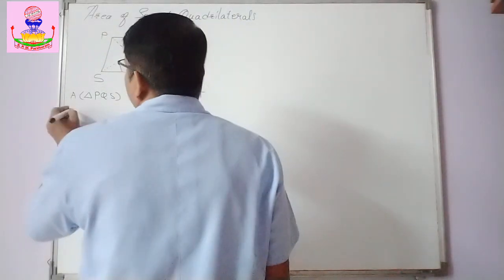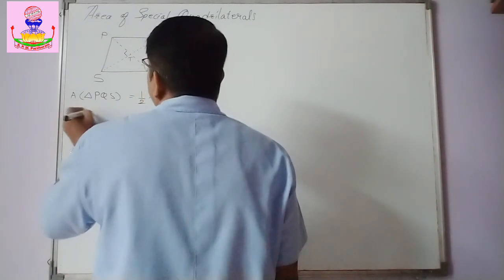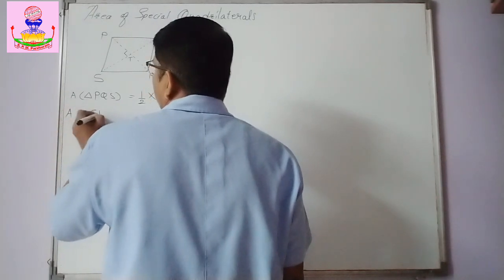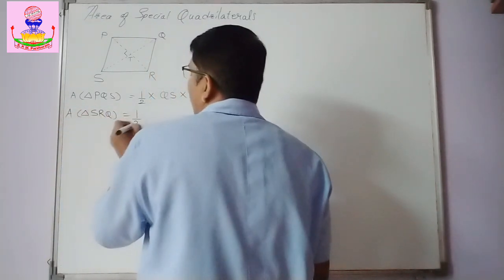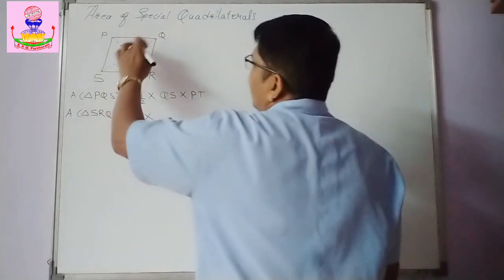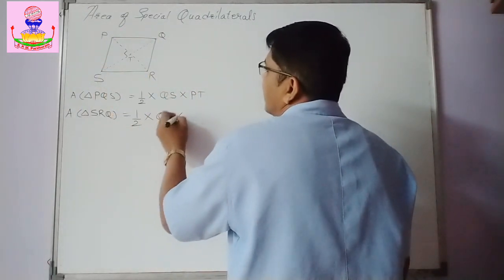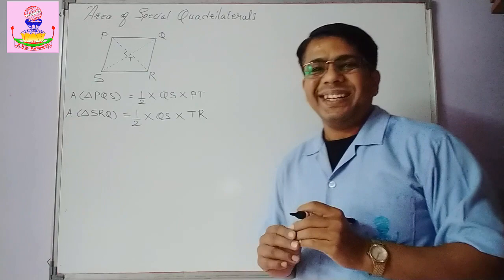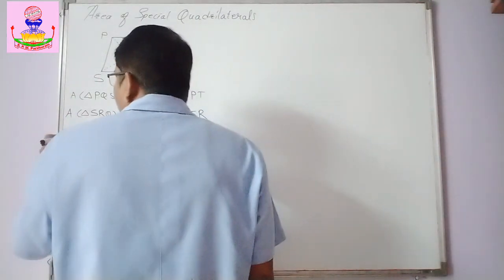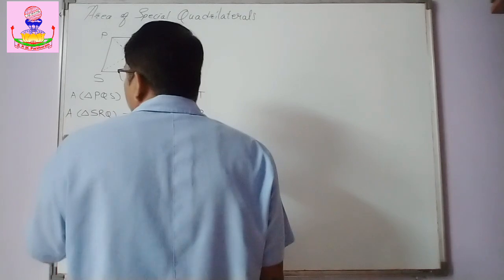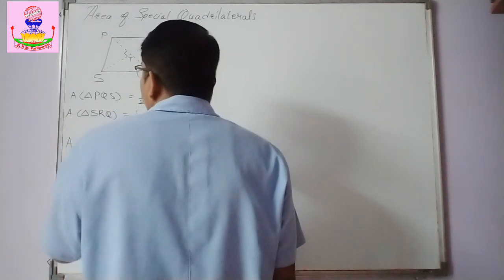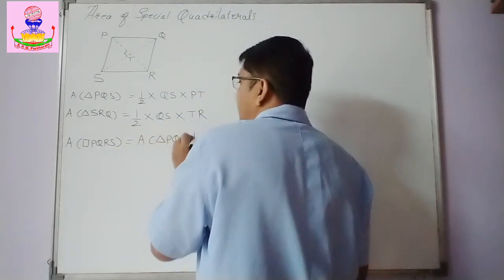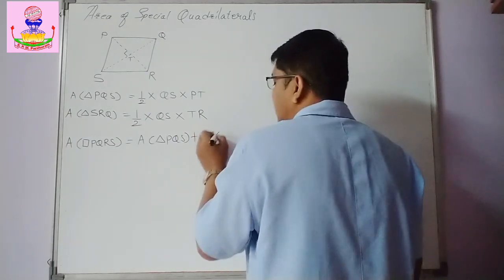And area of triangle SRQ is equivalent to half into the base QS into, now here the height is TR. Now area of rhombus PQRS is equivalent to area of triangle PQS plus area of triangle SRQ.